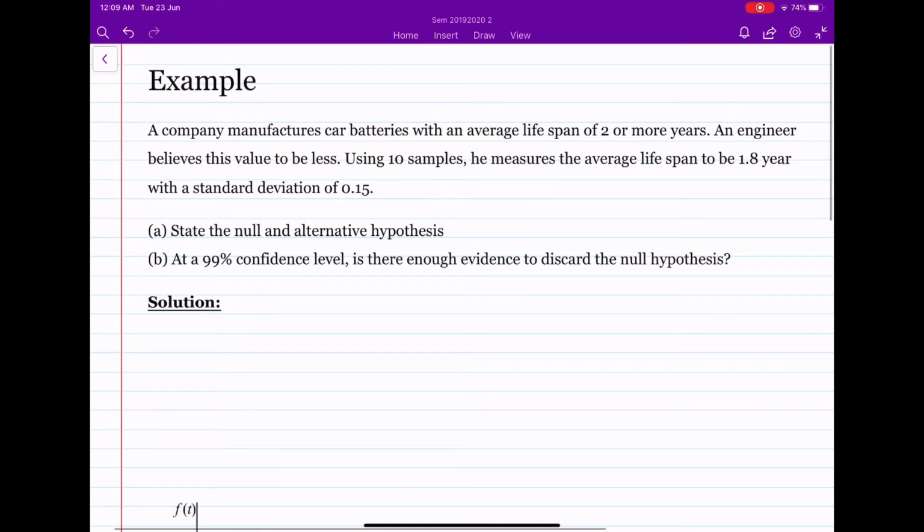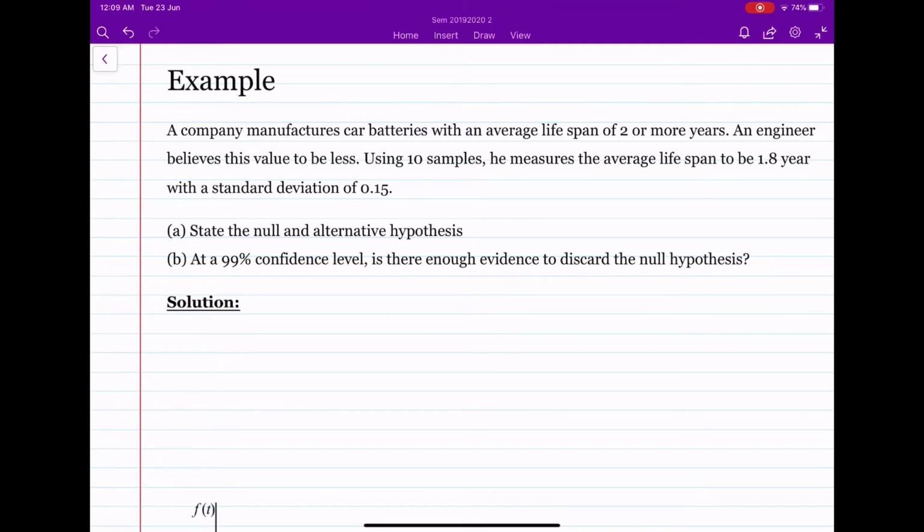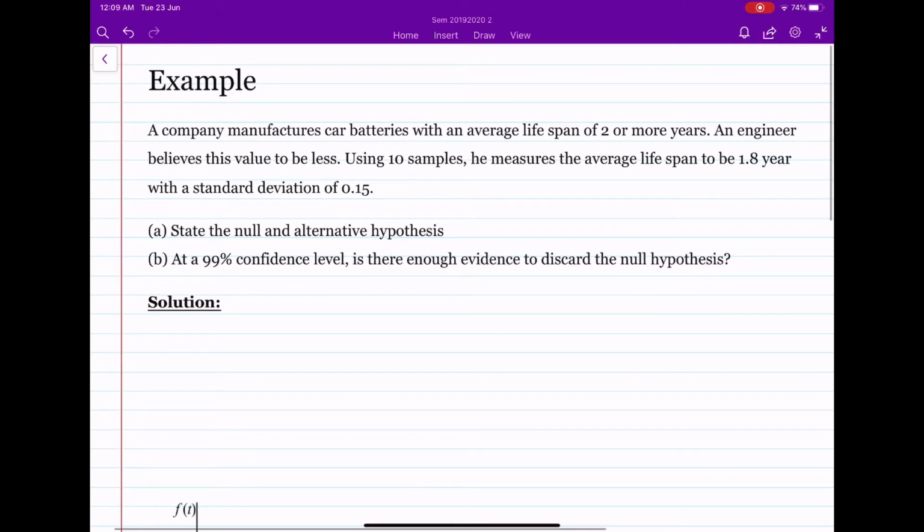In this example, a company manufactures car batteries with an average lifespan of 2 or more years. An engineer believes this value to be less. Using 10 samples, he measures the average lifespan to be 1.8 years with a standard deviation of 0.15.